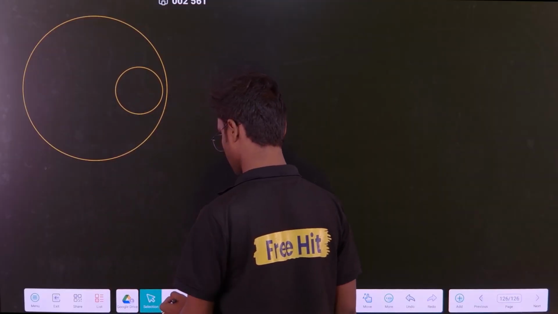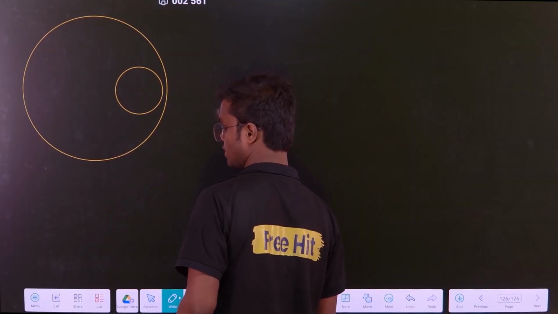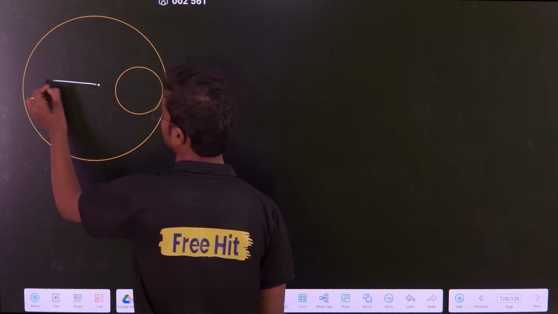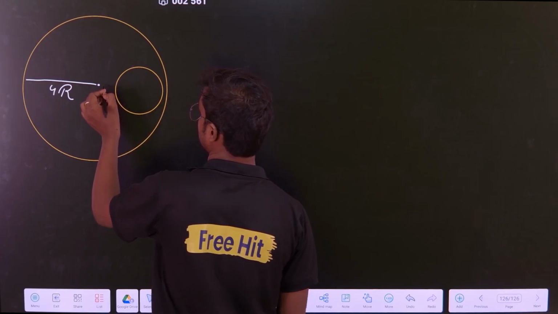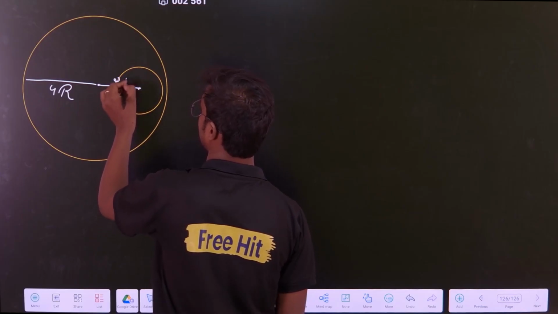Suppose the question states the same thing, same data I am taking. Suppose this is my 4r. The distance from the center is again 2r. The radius is r.